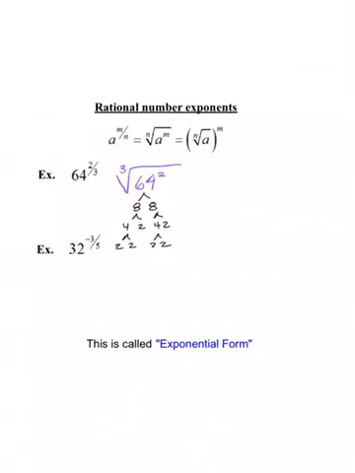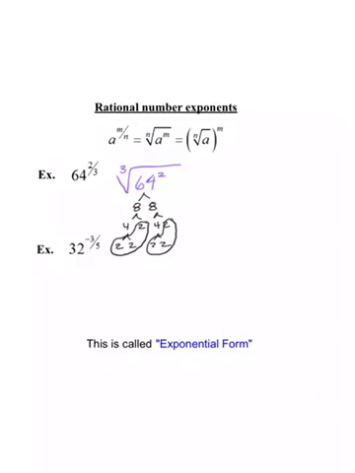So now I'm looking for numbers that show up 3 times. So we have a 2 that shows up 3 times, and we have another 2 that shows up 3 times, which means that we can pull out from under the radical a 2 and another 2.